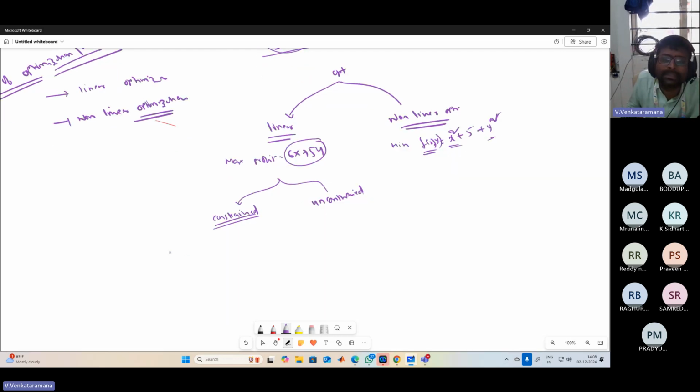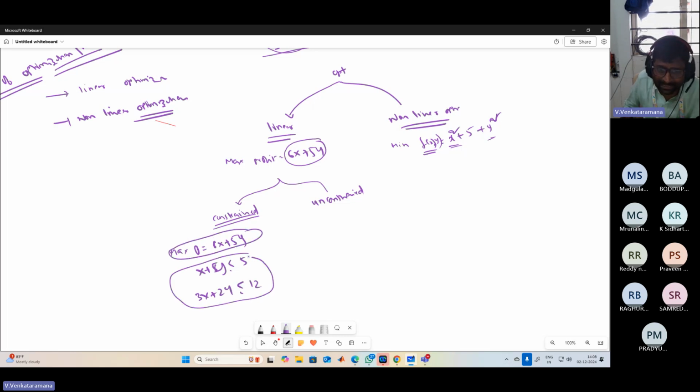Like for example, the case study we discussed: maximize profit P equal to 6x plus 5y, and x plus y should be less than or equal to something, maybe 5, and 3x plus 2y is less than or equal to 12. So we have the objective function and we have the constraints also. That's why it's called a constrained linear optimization problem.